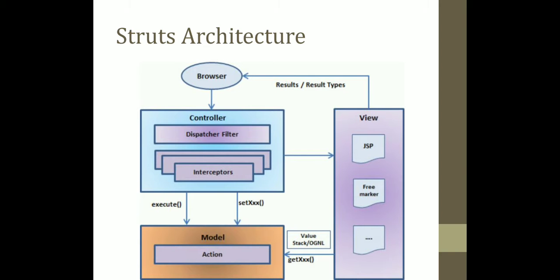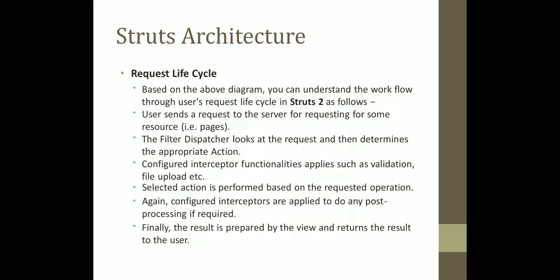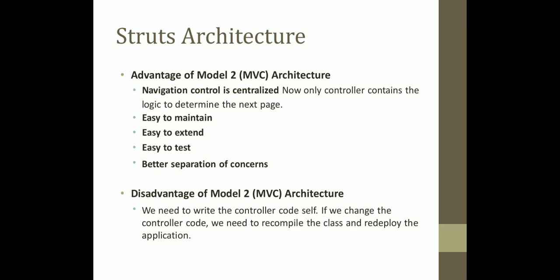Not only the controller is controlling the parts like model and view, all have the same importance. That was different in the case of AngularJS MVC architecture. So this makes it easy to maintain, easy to extend, easy to test, and gives better separation of concerns.